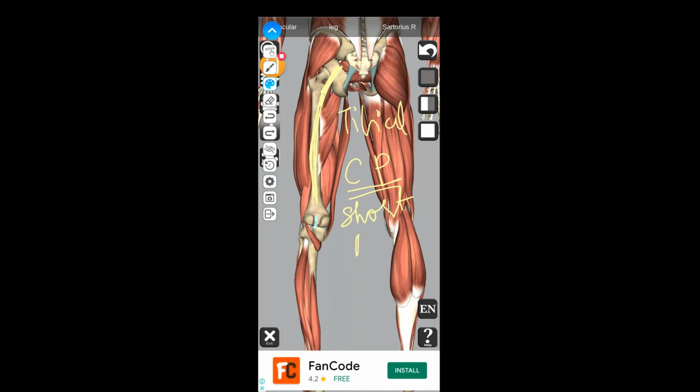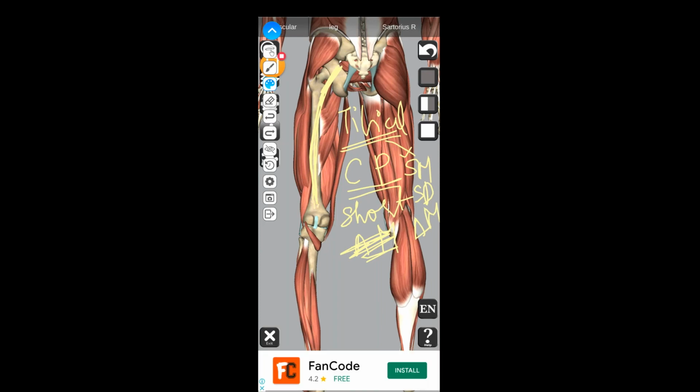The tibial component supplies all the rest: semimembranosus, semitendinosus and adductor magnus. In the thigh it is done.